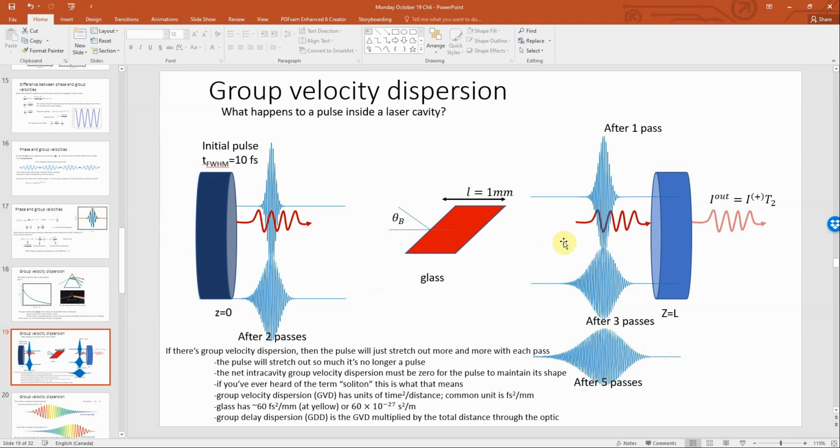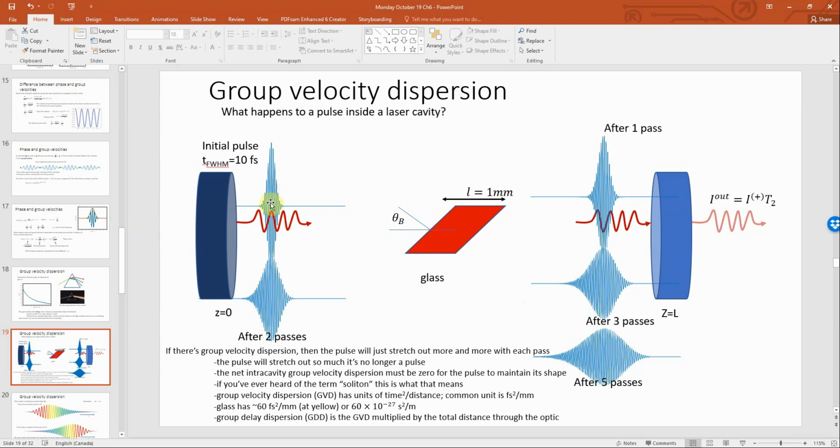If this pulse rattled around hundreds or thousands of times, it would decrease and decrease in amplitude and become longer and longer in time until it's no longer really a pulse. This is because we have some net intracavity group velocity dispersion.